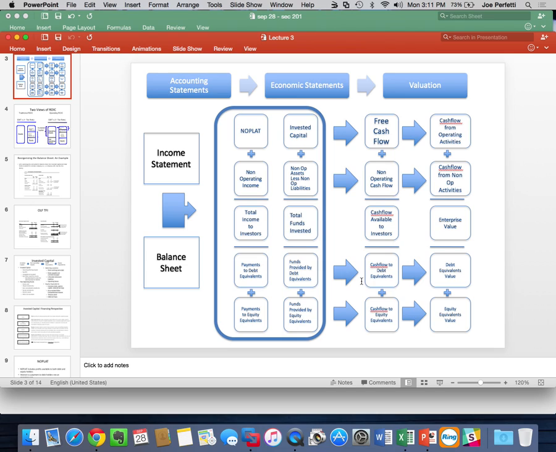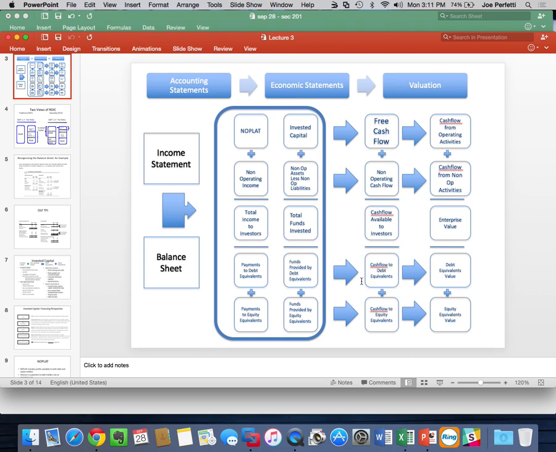So as I said, we had to do those first 2 statements in order to do the CFI. Second, if I give you 3 years worth of historical accounting statements, how many CFIs can you create? So if I give you 3 years of income statements and balance sheets, how many CFIs can you create?